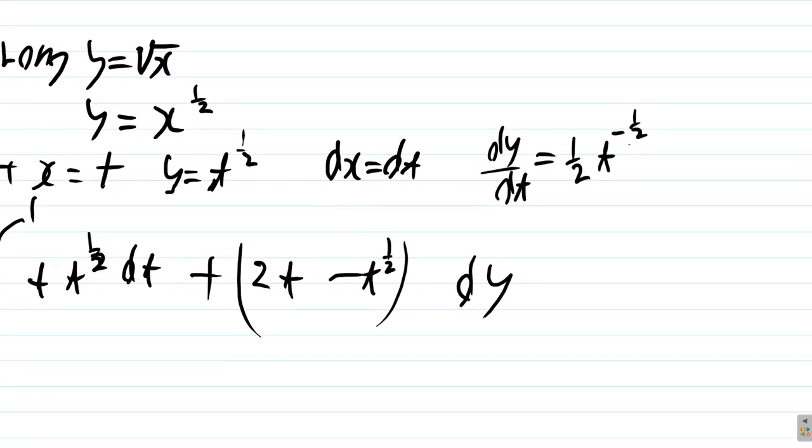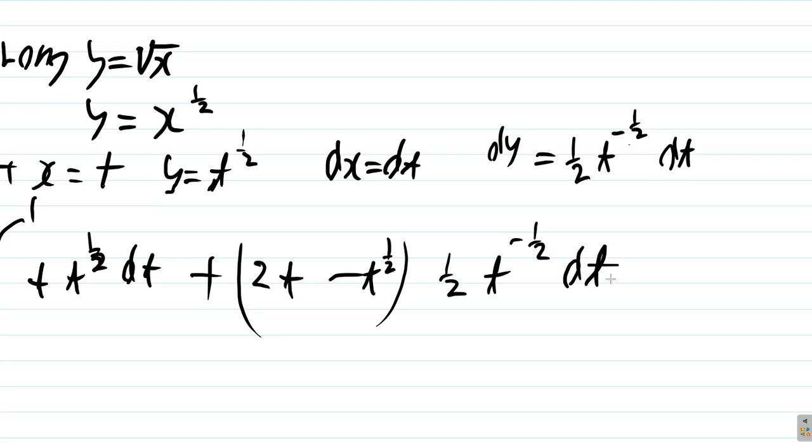Oh, I should put the dt up here. So when you transpose for dy, you get dy is equal to half t to the negative half dt. So dy is half t to the negative half dt.